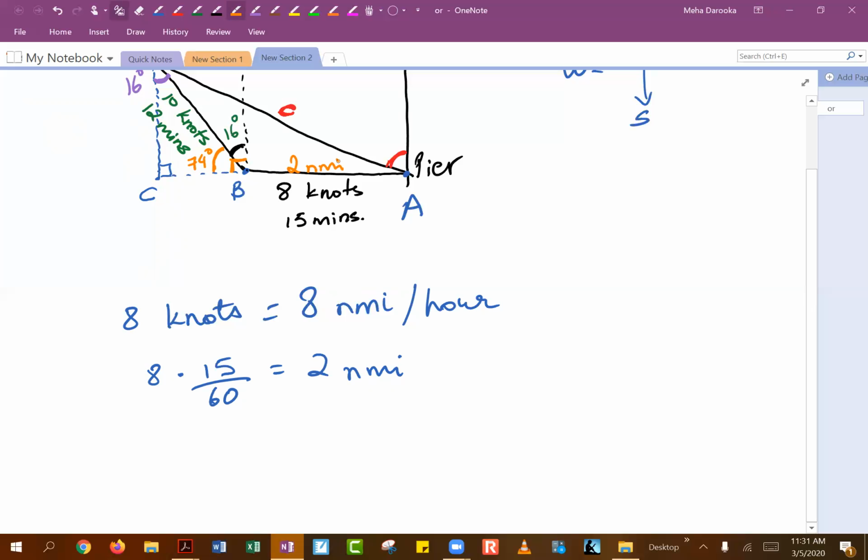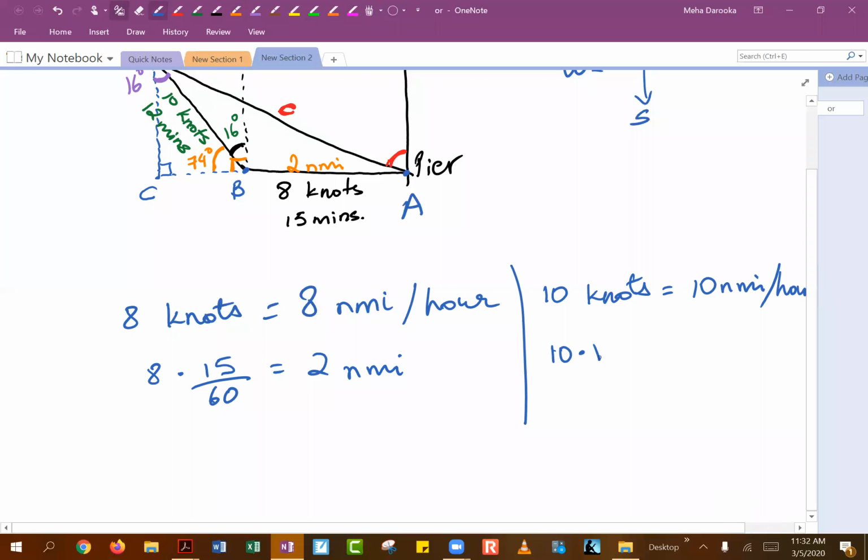Now do the same thing with the 10 knots that they went in the northwest direction, and what will that give us? How many nautical miles did they travel? Because they did 12 minutes on that path, right? Yeah, 12 minutes on that path.